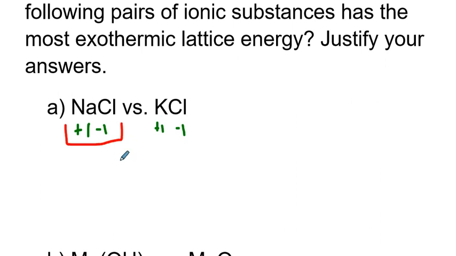So because this guy is smaller than potassium, that means he's closer to chlorine. That means that this +1 is closer to this -1. So there's a higher lattice energy here. This is simply because of the distance that this guy has compared to potassium.